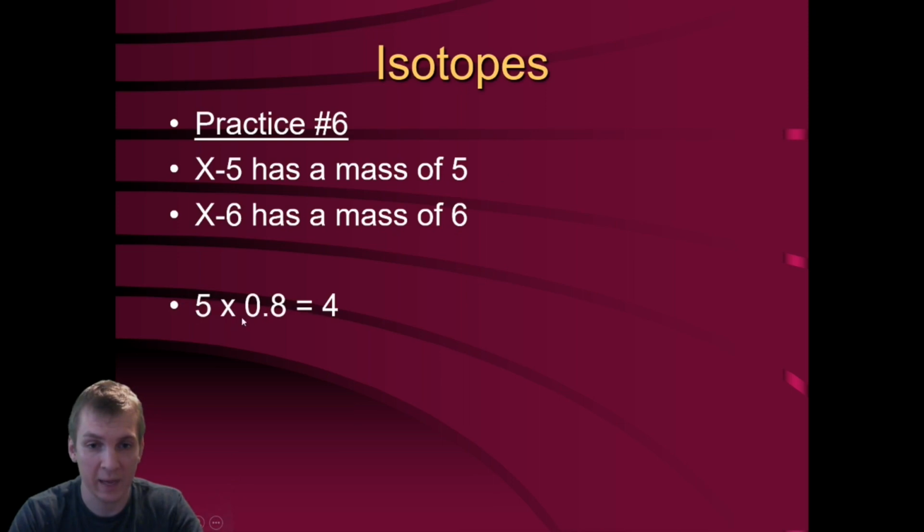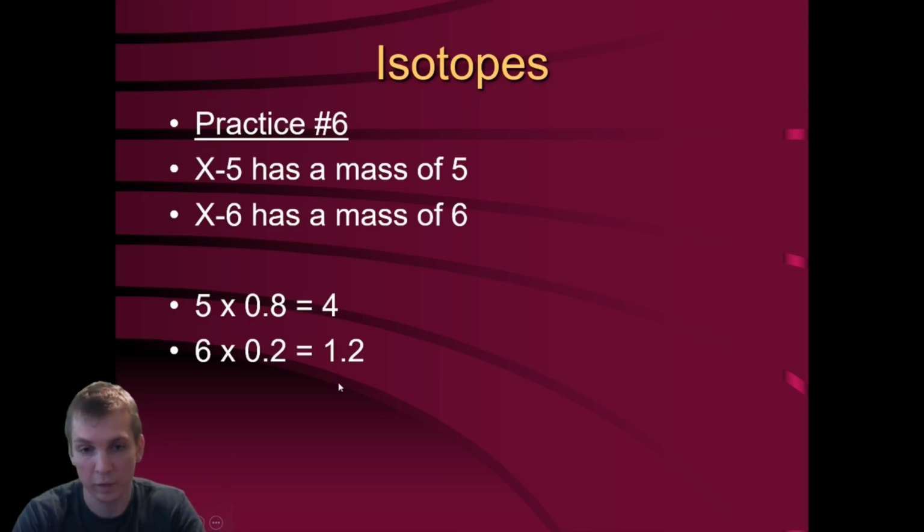So 5 times 0.8, because it's 80% from X5, and that gives me 4. And then 6 times 20%, or 0.2, gives me 1.2. Mass times percentage, and then finally when you do all of them, you add up all the numbers. So 4 plus 1.2 gives me 5.2. And so that's what you would put on the periodic table, is that the average mass is 5.2.